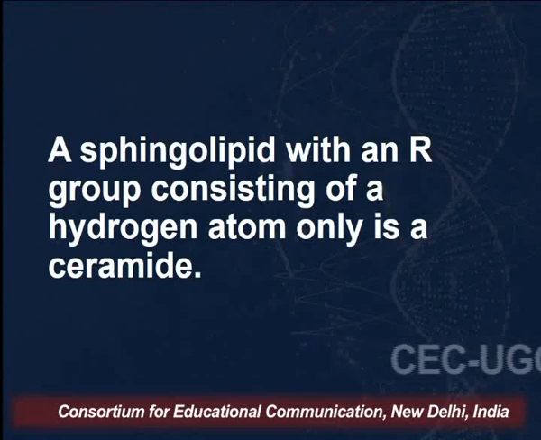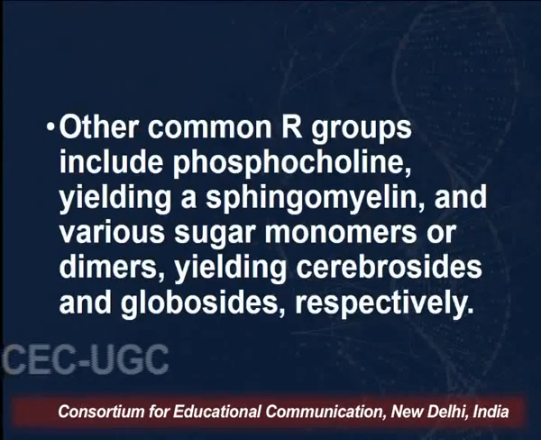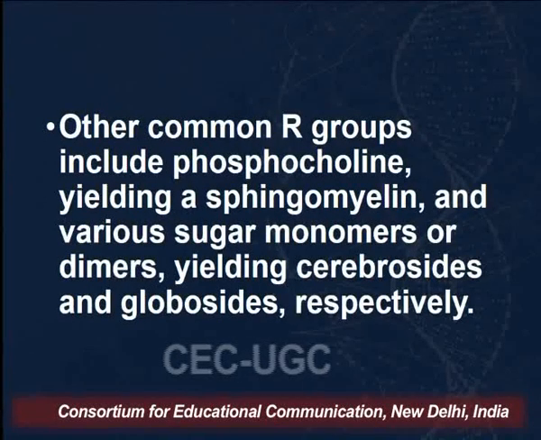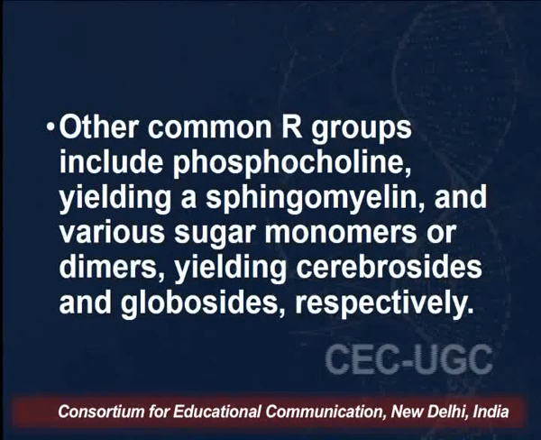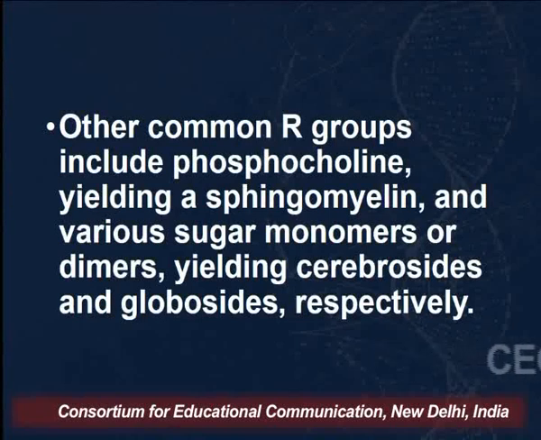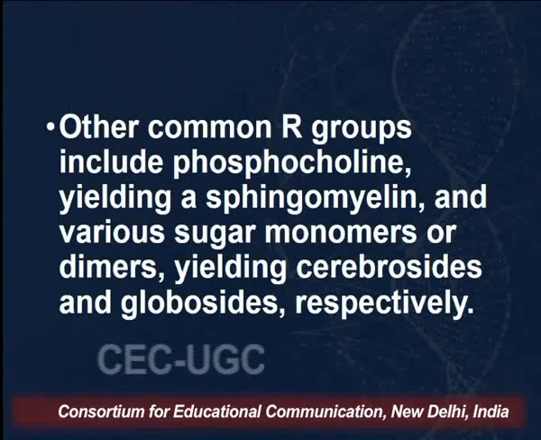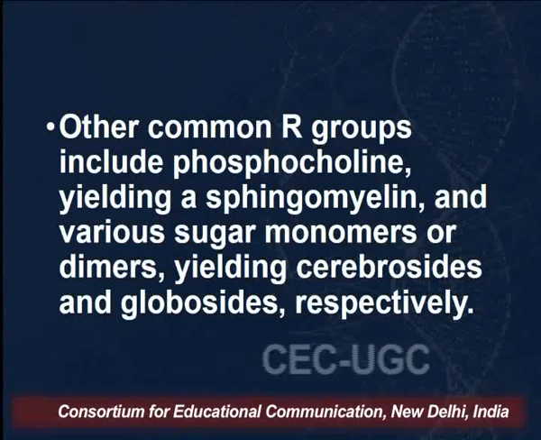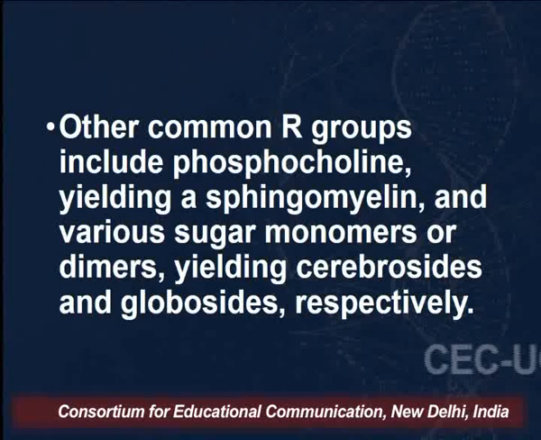So a sphingolipid with an R group consisting of a hydrogen atom only is a ceramide, and the other R groups we can substitute are phosphocholine, which will give us a sphingomyelin, and we can also have various sugar monomers.